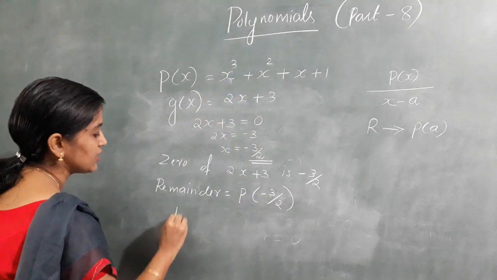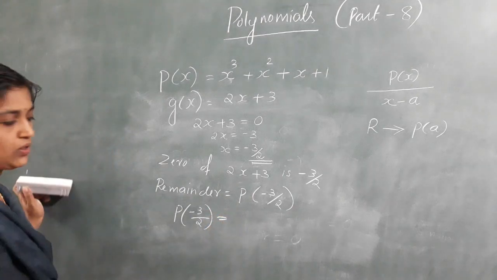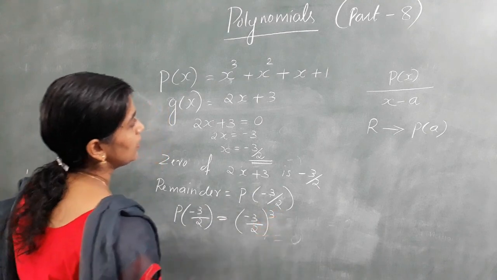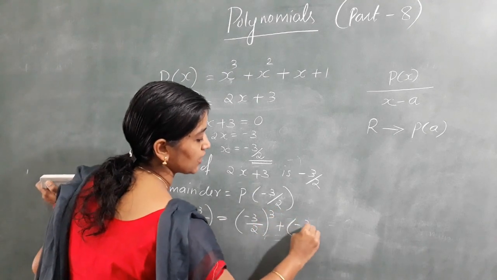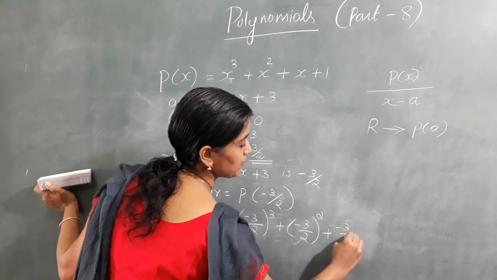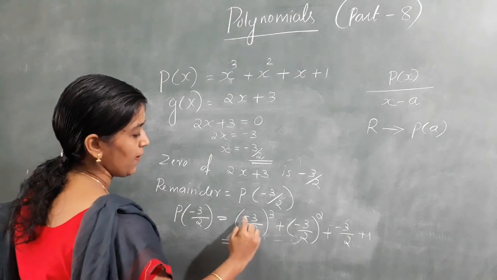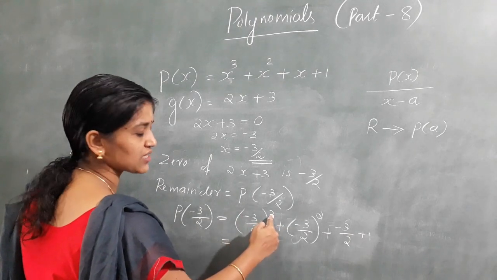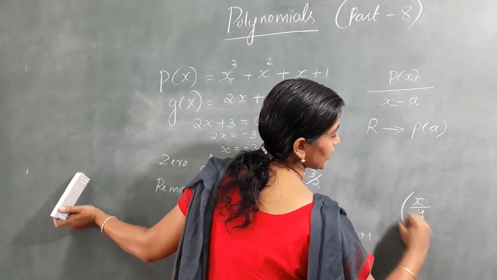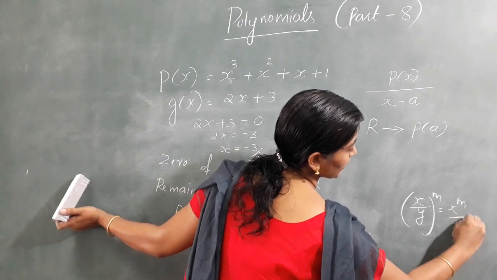P of minus 3 by 2 is equal to minus 3 by 2 whole cube plus minus 3 by 2 whole square plus minus 3 by 2 plus 1. Now you have to do the calculation. We have studied x by y whole raised to m is equal to x raised to m divided by y raised to m.